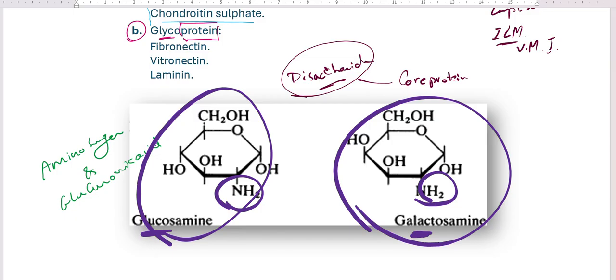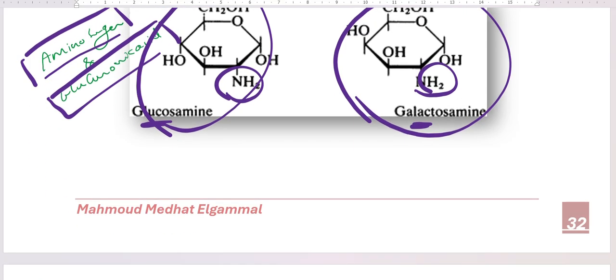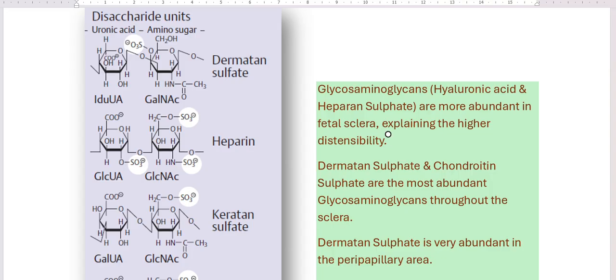So we form a chain of disaccharides. One of them is amino sugar, and the second subunit of the disaccharide is a glucuronic acid. This is the glucuronic acid structure. So here are some examples: dermatan sulfate, heparin, keratan sulfate.